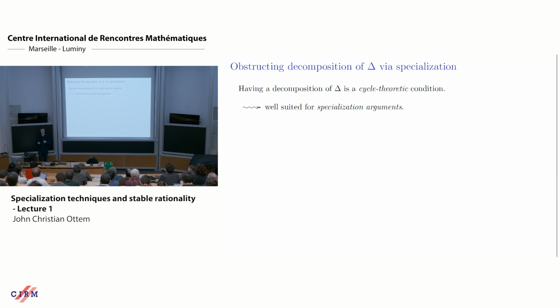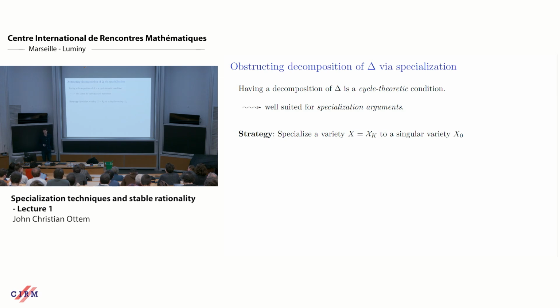In general, if you look at topological invariance, if you take a generic fiber and try to specialize, that's not going to work, because you can't specialize by rational automorphisms or stuff like that. But the decomposition of the diagonal, because it only involves Chow groups, is perfect for degenerating things.